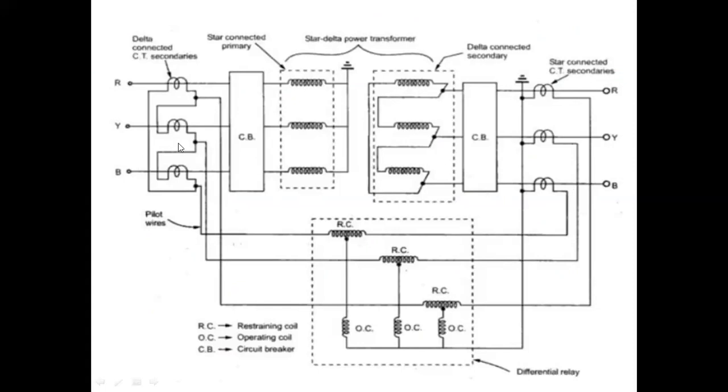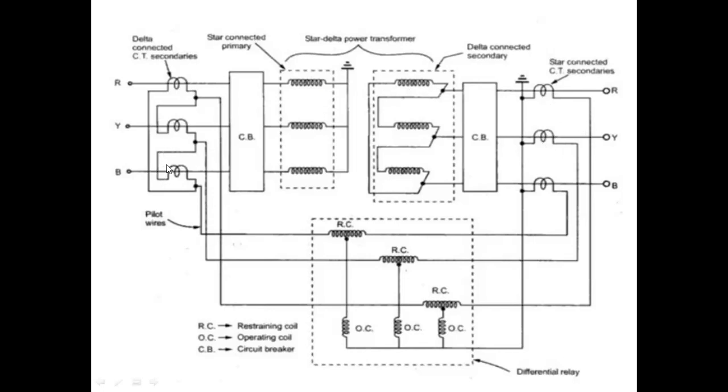Now the primary of the transformer is connected in star, so we connect this CT in delta. To obtain the phase difference, if the transformer primary is in star, then the CT secondary will be connected in delta. If the transformer secondary is delta, then the CT secondary will be star connected.